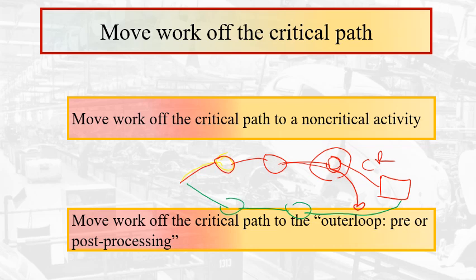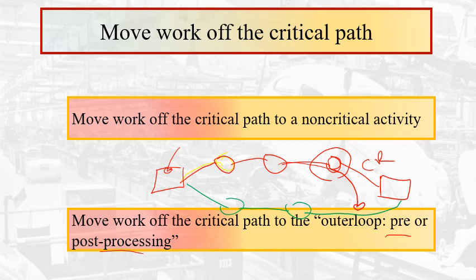Another way is to use pre or post processing. Maybe before the critical path even starts, we have some time in which we could do some of the work beforehand. This is especially important for projects that have to wait until a certain date to start.